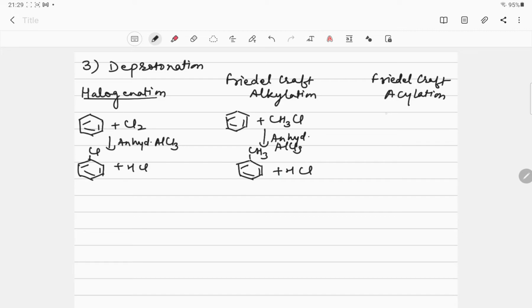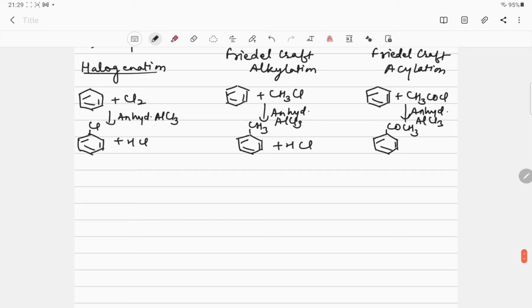And here in this case benzene plus CH3COCl in presence of anhydrous AlCl3, it will be acetophenone. So these are the reactions.